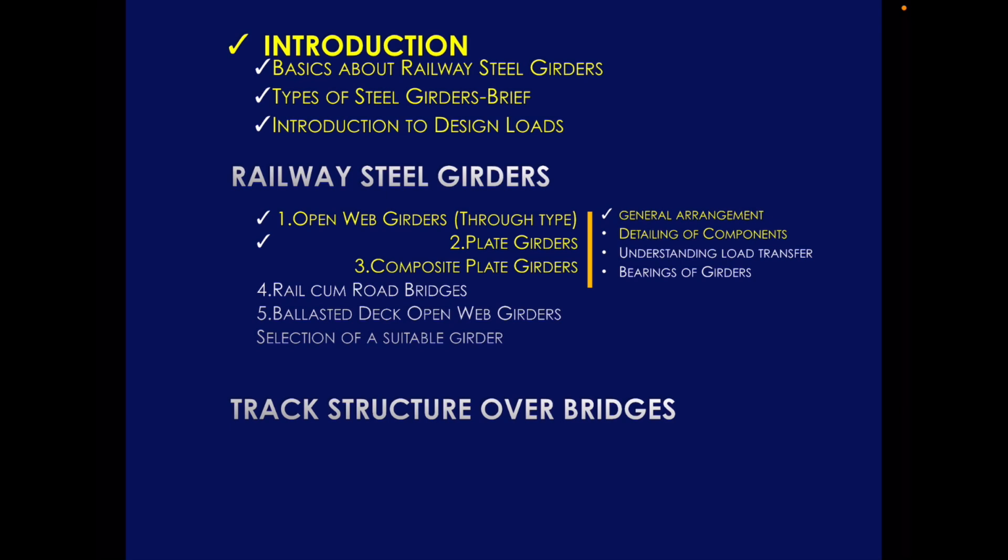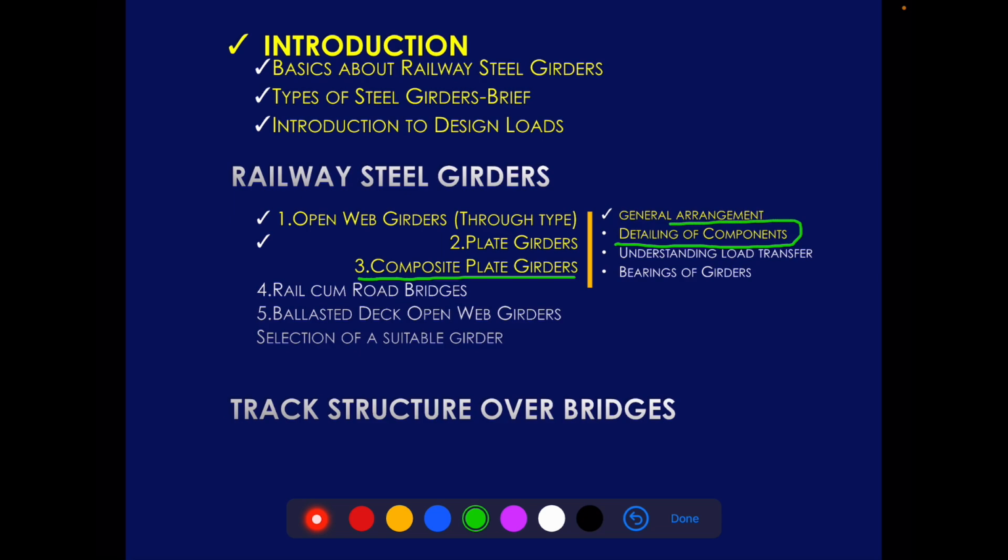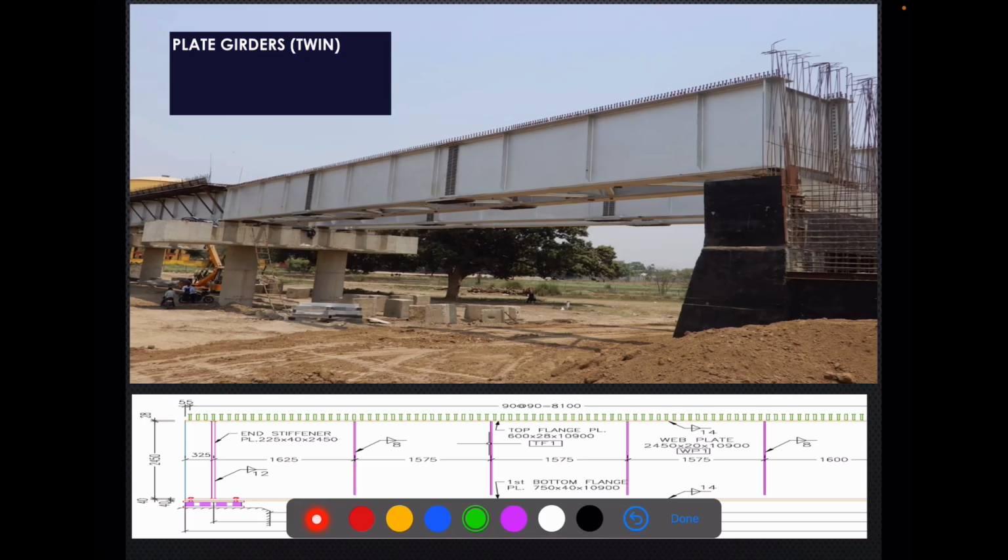Okay, so now we are going to discuss composite plate girders, detailing of components. So the most important and the most prominent component of composite steel plate girder arrangement is plate girders. They are provided in pair, so there is a twin arrangement of plate girders. So as you can see, this is our plate girder, solid web plate girder.